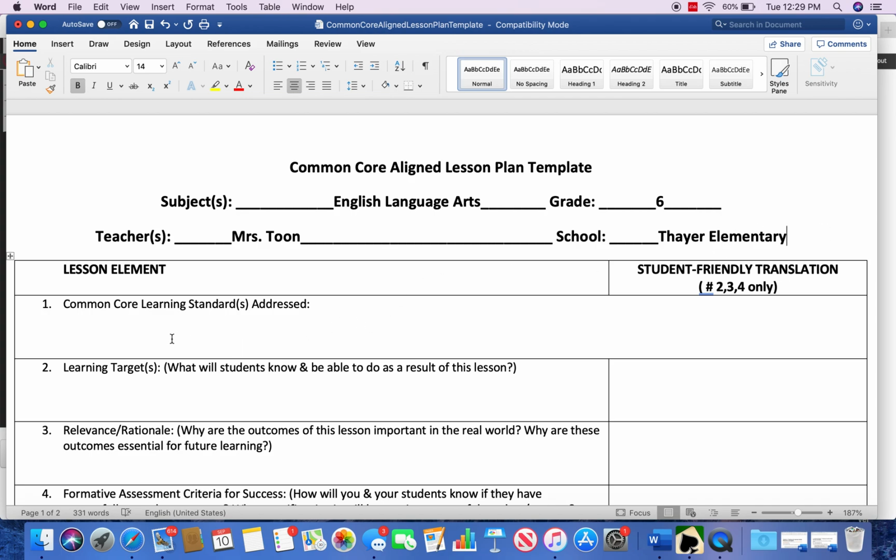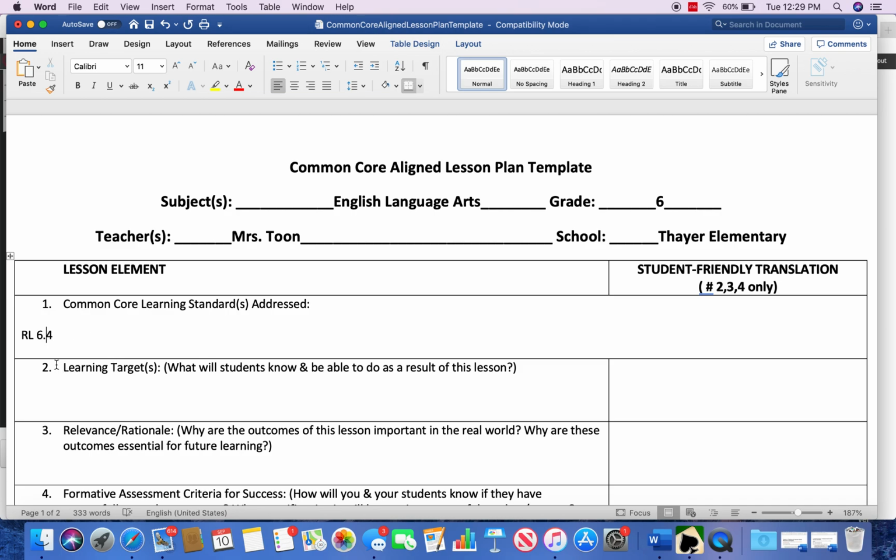Common Core Learning Standard. Now, I've already closed out this standard, so I'm not going to be able to open that up to you, but you're going to write it out like we looked at RL 6.4, okay? And it may have had a point. I can't remember.